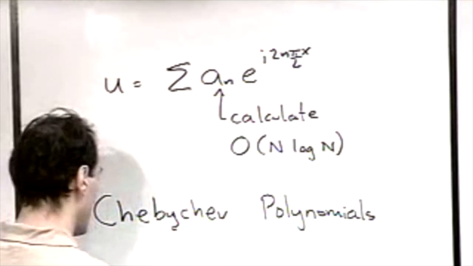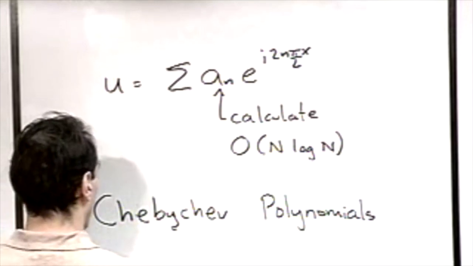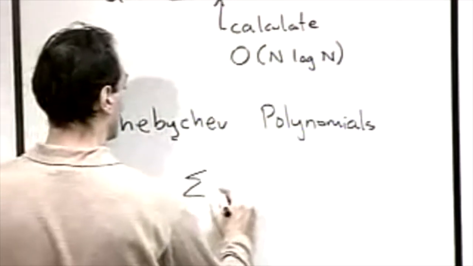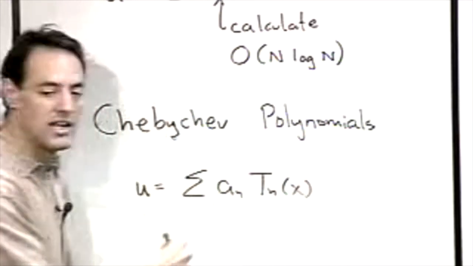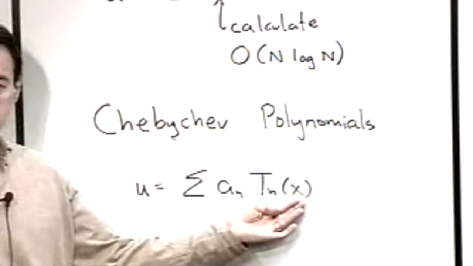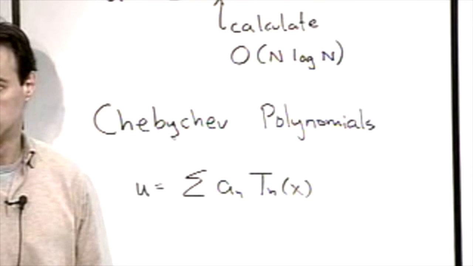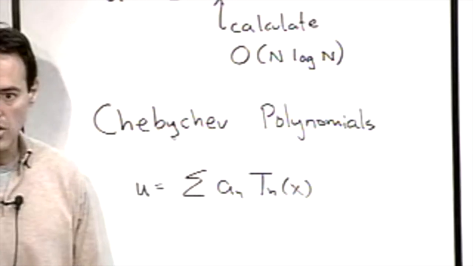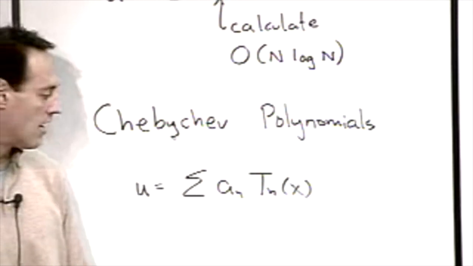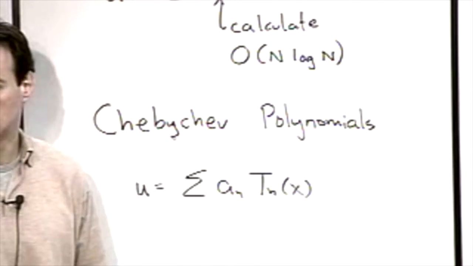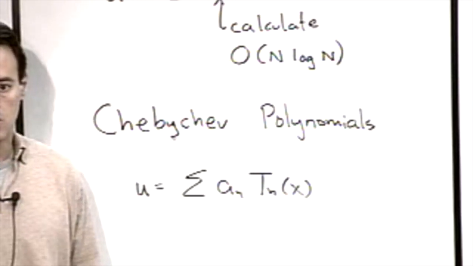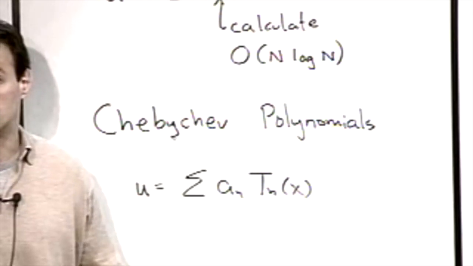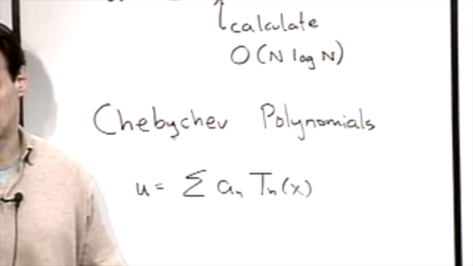Now, when you use Chebyshev, you're saying, okay, instead of expanding in terms of cosines and sines, I'm expanding out in terms of these polynomials. Same thing. The only thing you've got to figure out now is, how do I calculate the a of n's? Okay? So fundamentally, it's no different than what you're doing with cosines and sines.